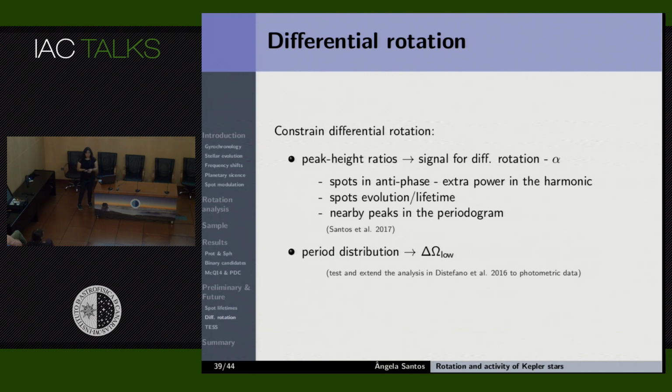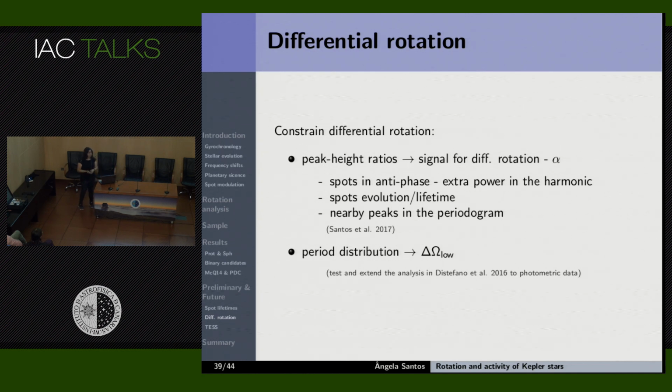There's also lifetime and spot evolution, which also produces peaks in the periodogram and changes the peaks related with the rotation period of the stars. And if there are spots on opposite sides of the star, the peak-height ratios are also affected because it introduces extra power at half of the rotation period.